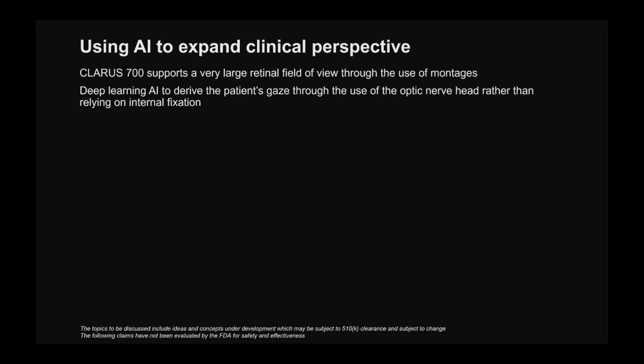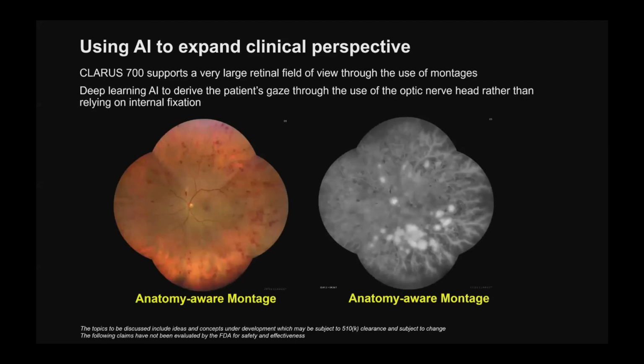By knowing exactly where the patient is looking, we would be able to montage these images. By using this technology, we are creating the anatomy-aware montage. The montage images which you are seeing on the screen, both the color and then the angiography montages, are created with the help of the deep learning algorithm.